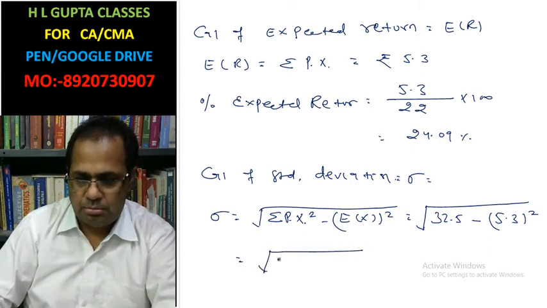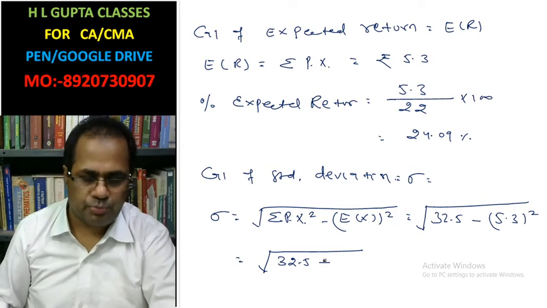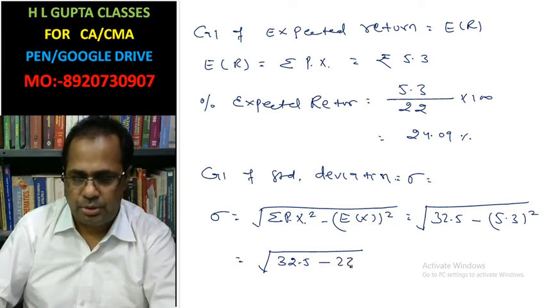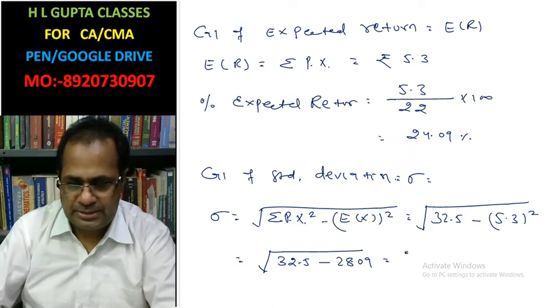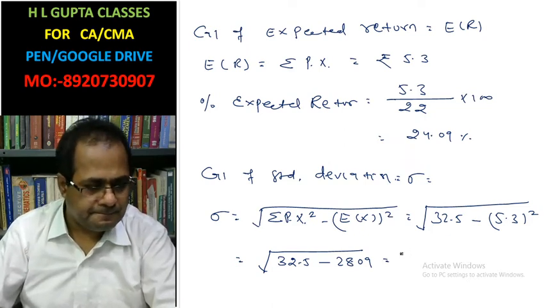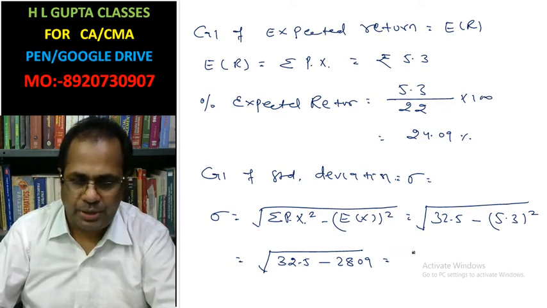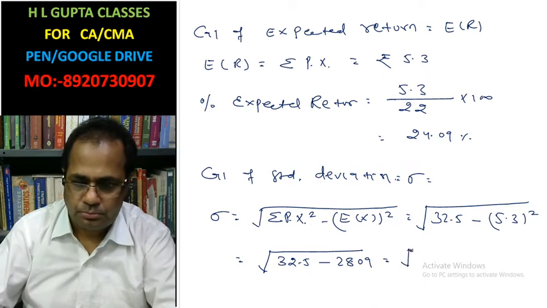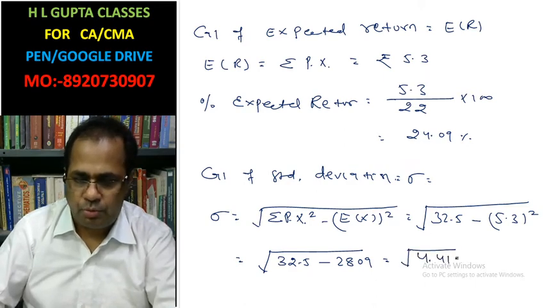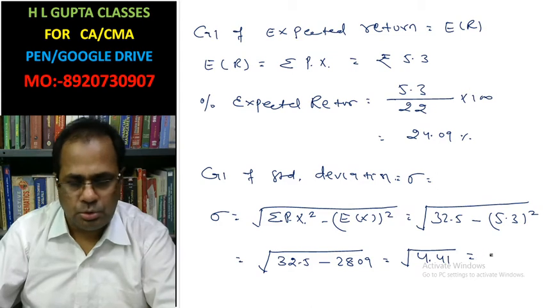This is 32.5 minus 28.09, which is 4.41, and the root of that is 2.1.